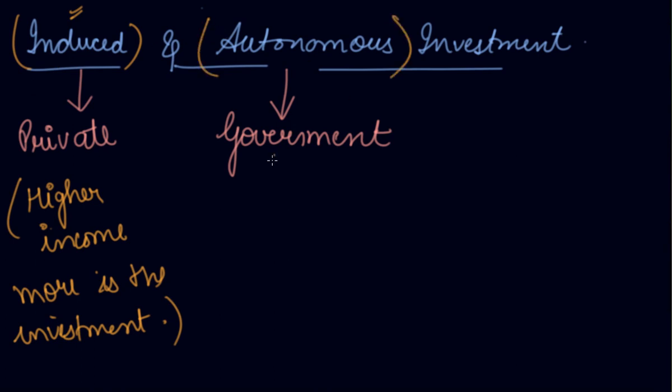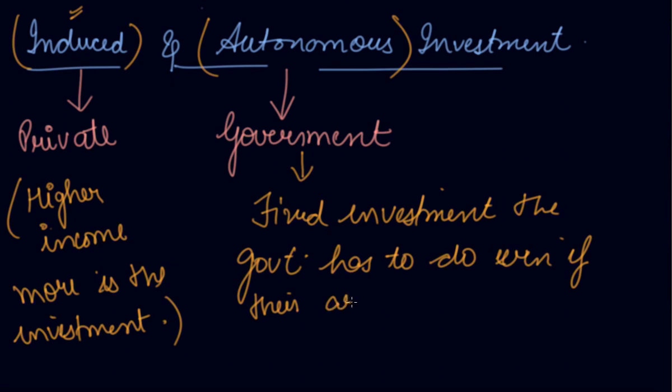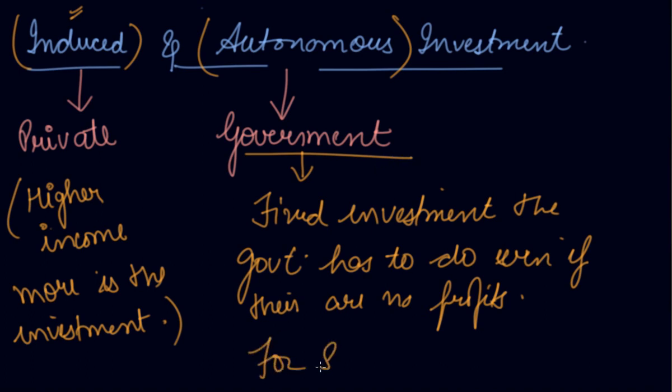Now we talk about autonomous investment. This is the investment done by government. So this is the fixed investment the government has to do even if there are no profits, no incomes or no profits, because this is the minimum level of investment that is to be done by the government for social welfare, either by taking loan from International Monetary Fund or from the foreign market.